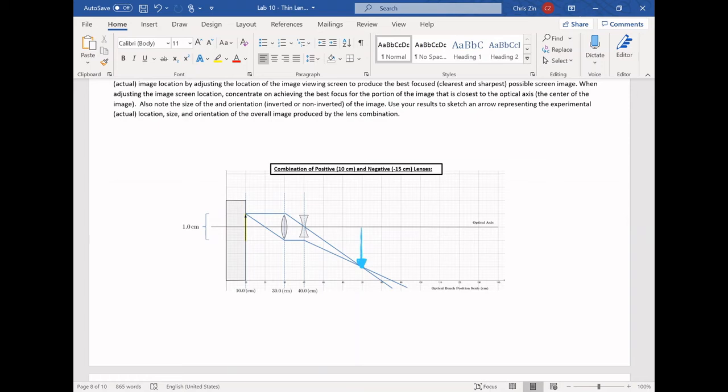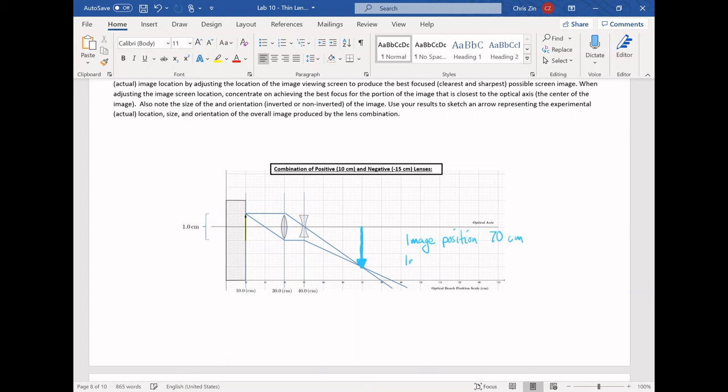So then, to be specific, for our ray diagram prediction, the image position will be 70 centimeters.